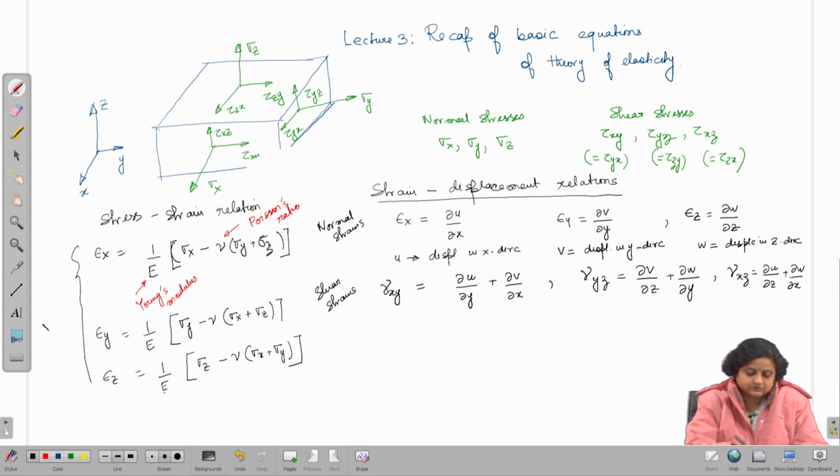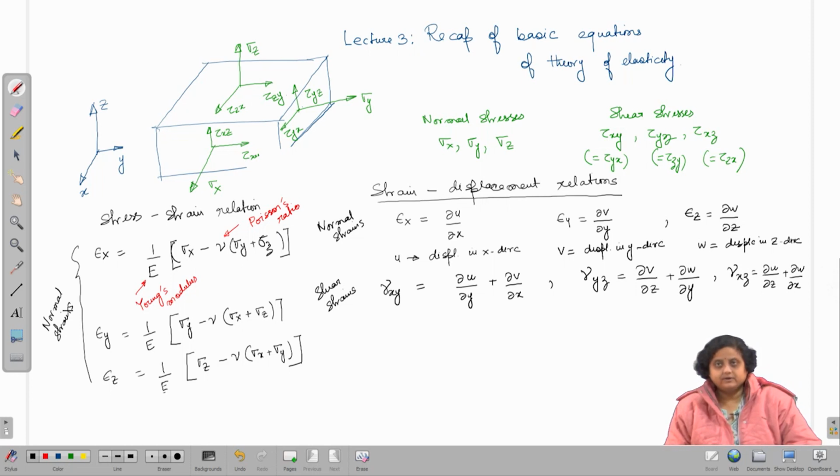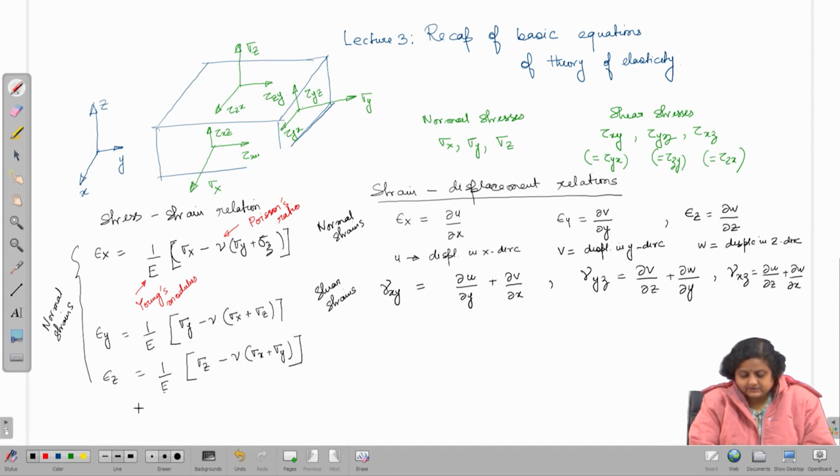So, this is for the normal strains. We will have 3 more relations relating the shear strains with the shear stresses. So, the relations are gamma x y, which is one of the shear strains, is 1 by G into tau x y.